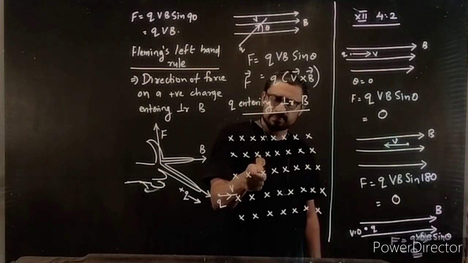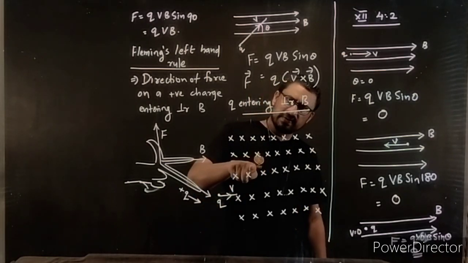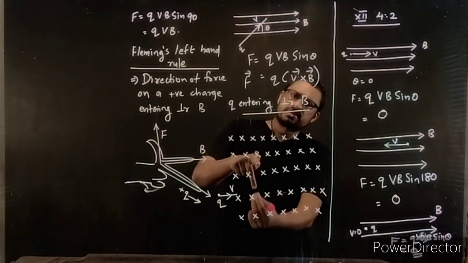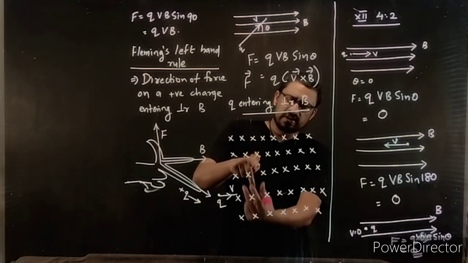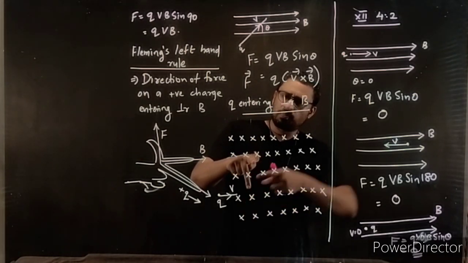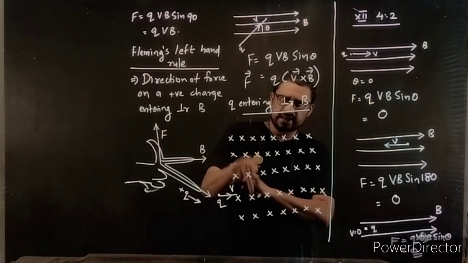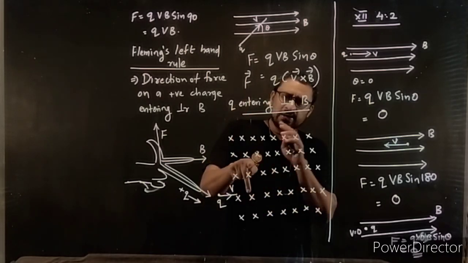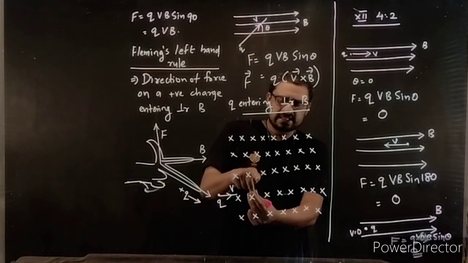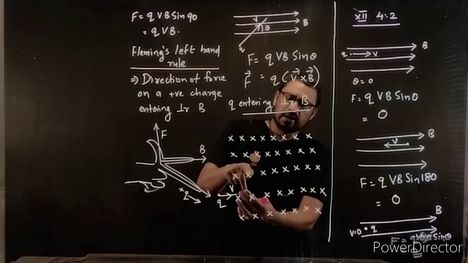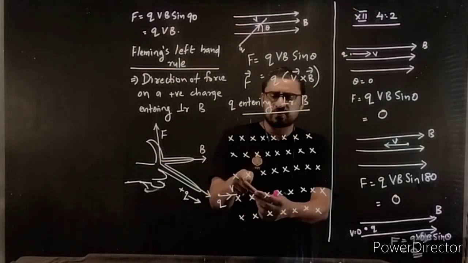This is magnetic field, right? Now this is your finger for charge motion. So you have to place your left hand in such a way that the middle finger keeps the direction of the motion of the positive charge.